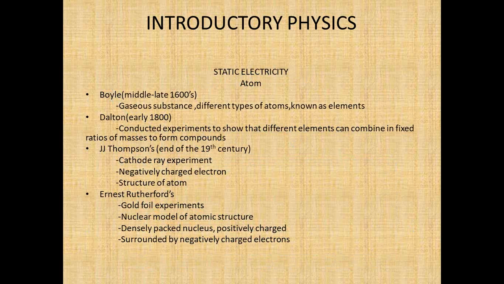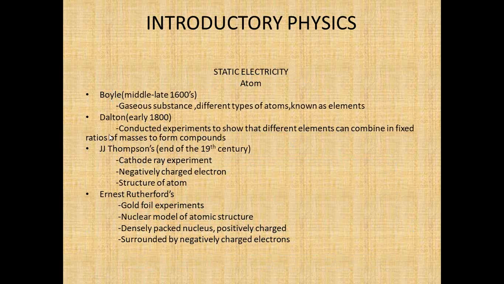Okay, so he said the different types of atoms, the oxygen, the carbon, the hydrogen, he called these elements. And then Dalton in the early 1800s conducted experiments to show that different elements can combine in a fixed ratio of masses to form compounds, as I've shown you. The caffeine is made up of different types of atoms.